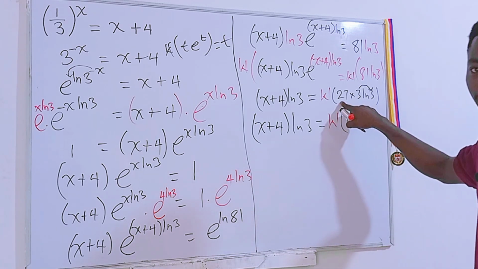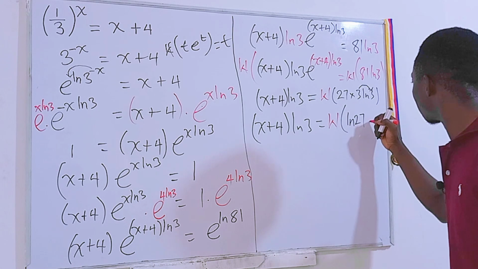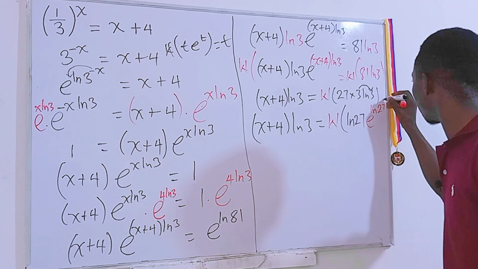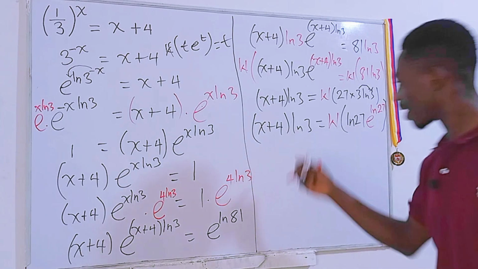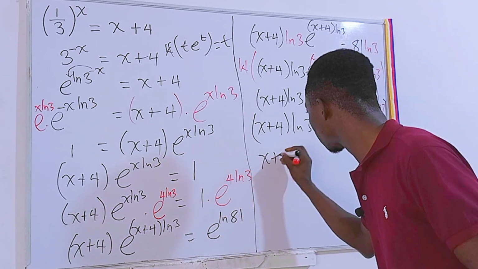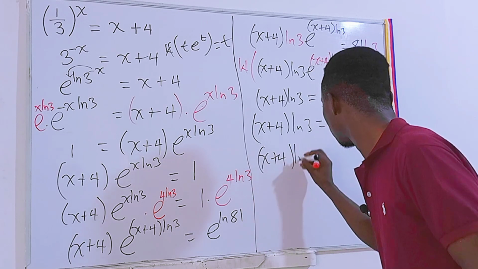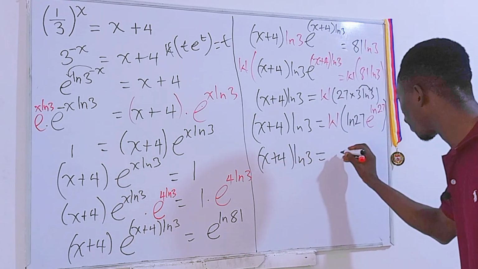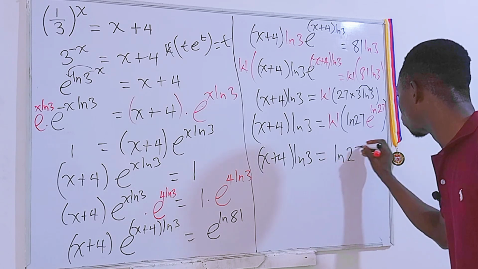Then I'm going to see this 27 right here as e to the power ln of 27, just like that. And the left hand side, we still have x plus 4 ln of 3 is equal to, this whole thing right here will give us ln of 27.